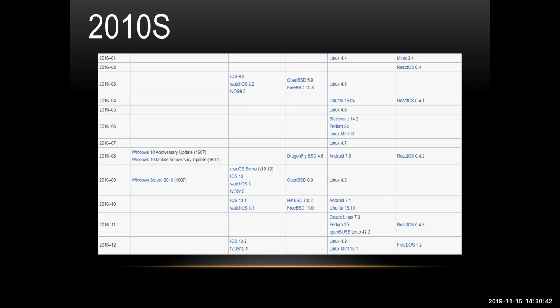Then April, we had Ubuntu 16.04, Redox OS 0.4.1, and then May, we had Linux 4.6. June, we had Slackware 14.2. And then Fedora 24, Linux Mint 18. And then August 2016, we had the Windows 10 anniversary update 1607.